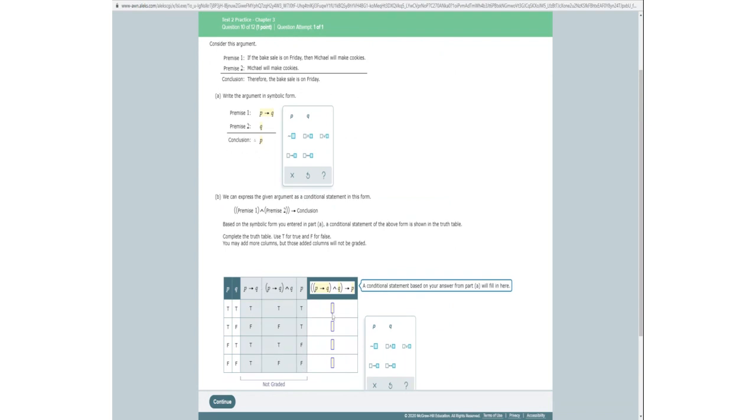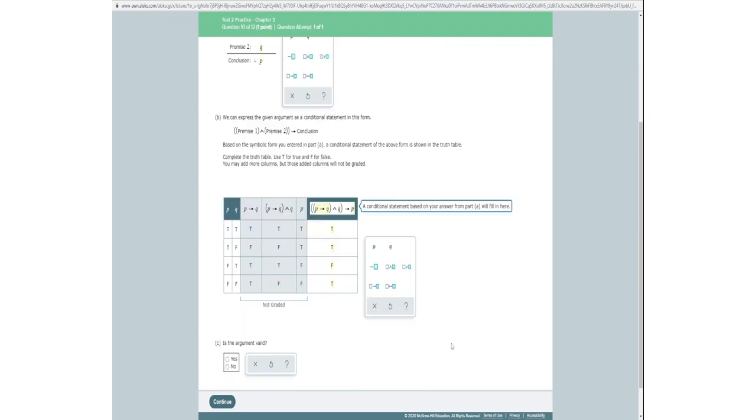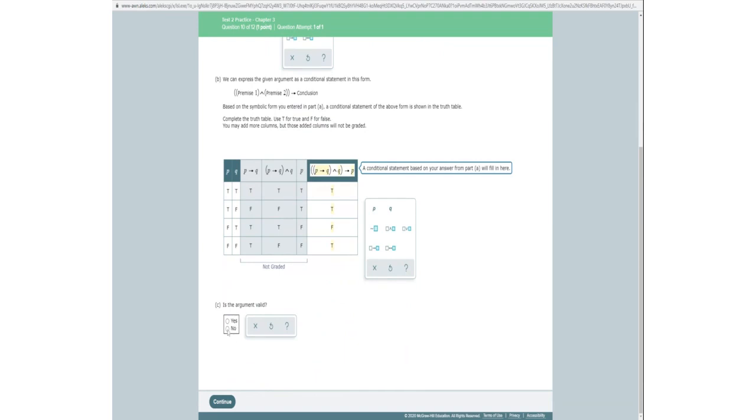False, true is true. True, false is false. False, false is true. So there we have that same one, as I said before. This is that fallacy of the converse. So this is not a valid argument. And you can see from the truth table also, the same one that I did.